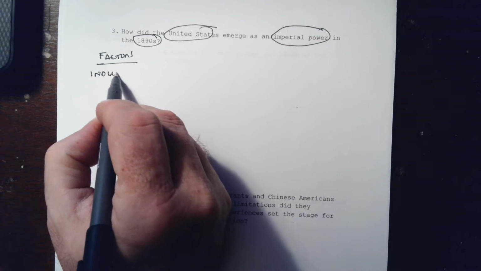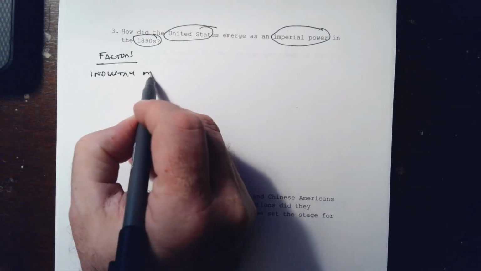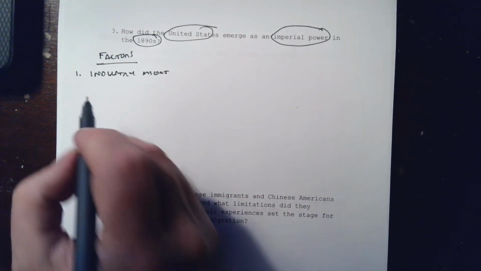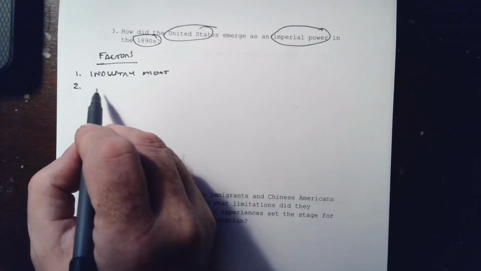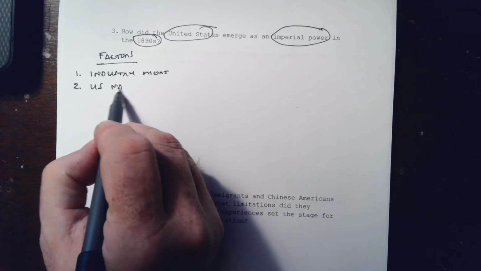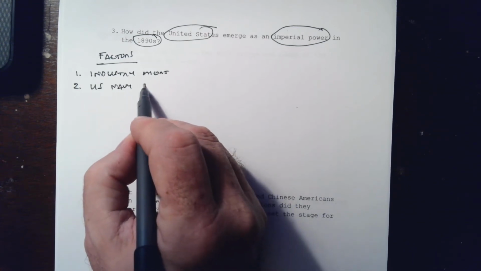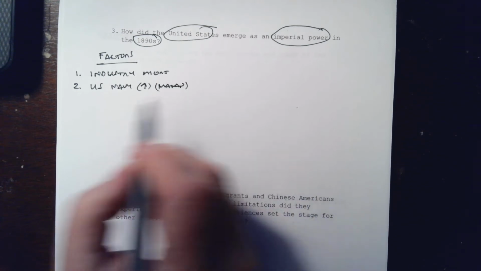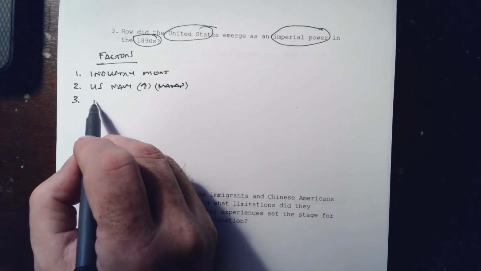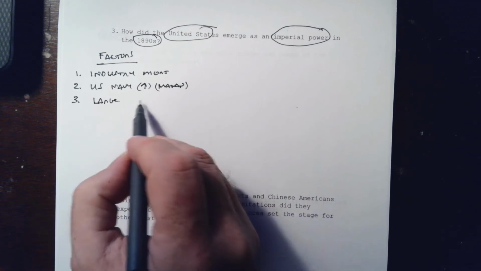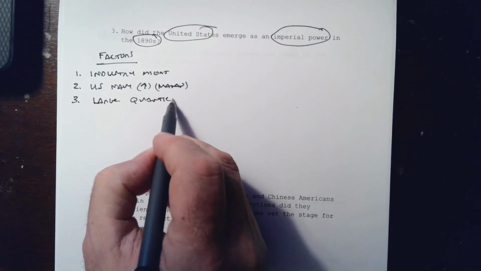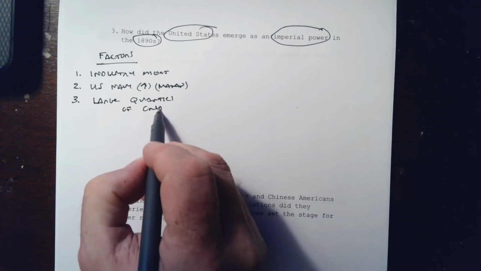You want to talk about its industrial might, right? We can borrow that from that other answer. You can talk about its U.S. Navy improving, and there you can talk about Mahan. Here you can talk about large quantities of cheap labor.